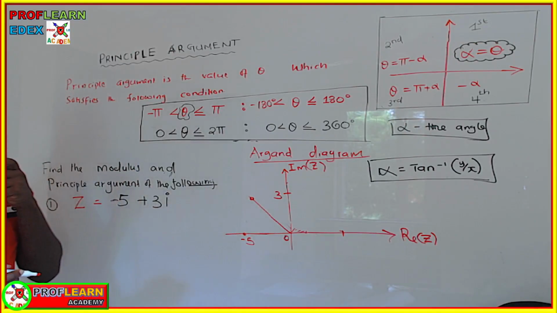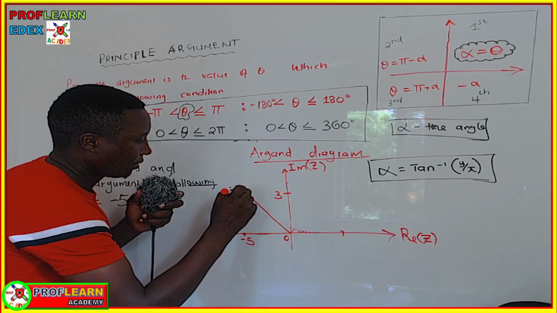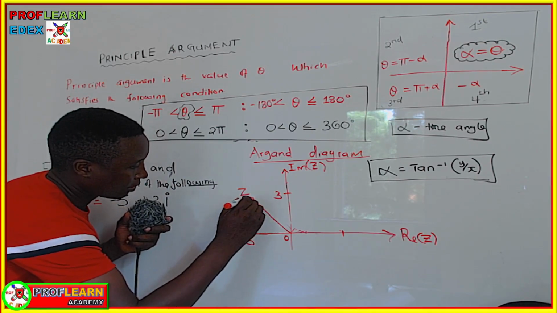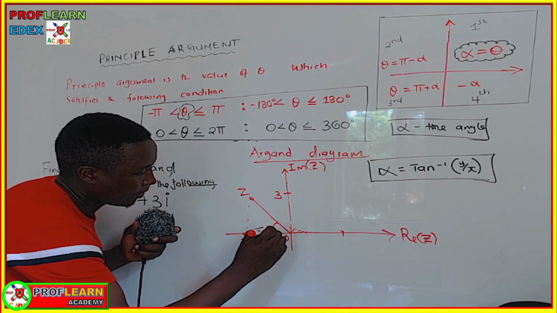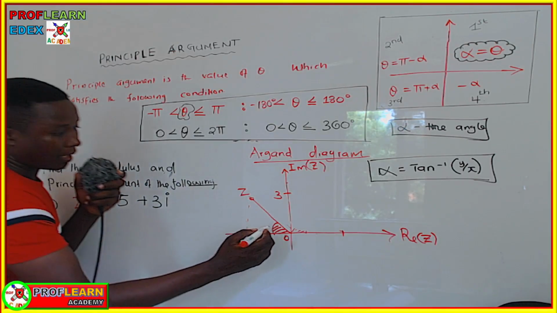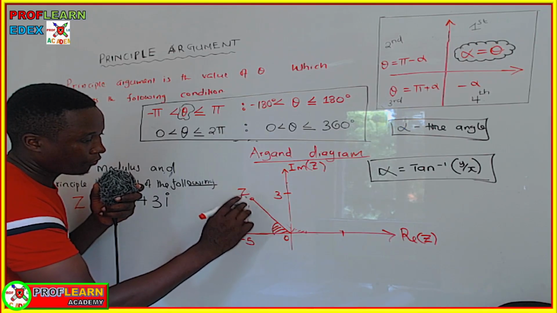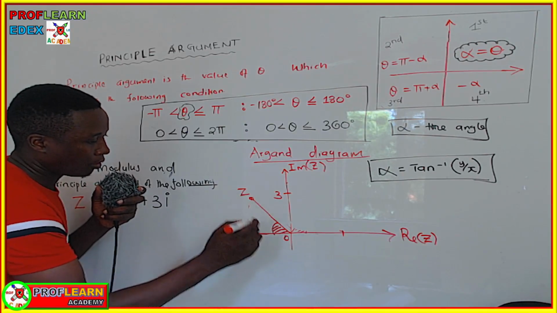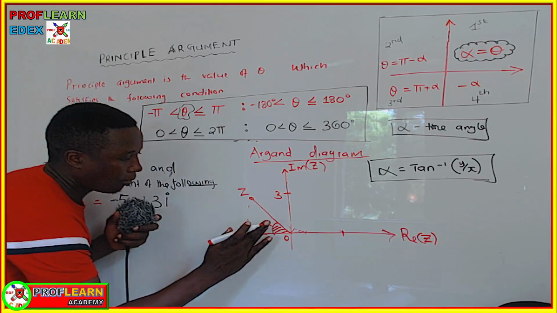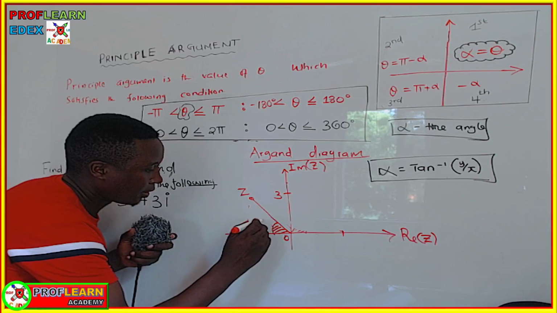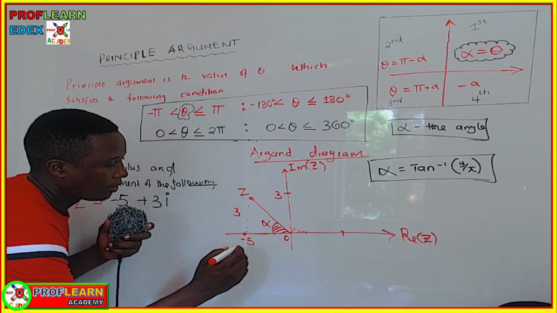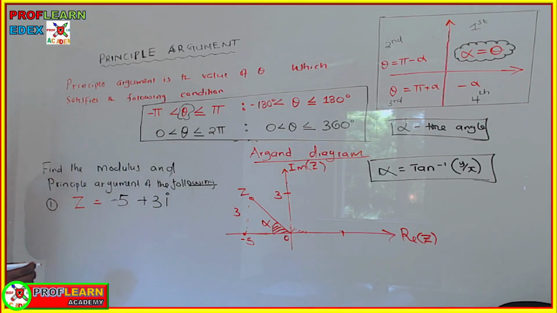Now you can see this complex number z is in the second quadrant, which means the angle alpha we are working out, the angle between the line joining the origin to the point of the complex number, is at this given point. Here we have 3 and here we have negative 5.